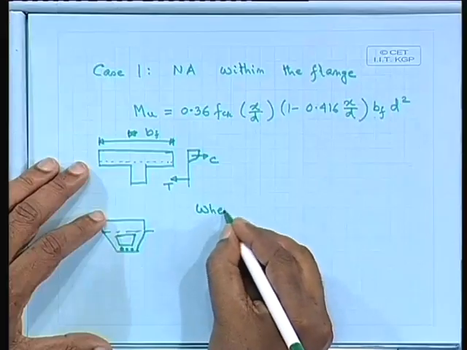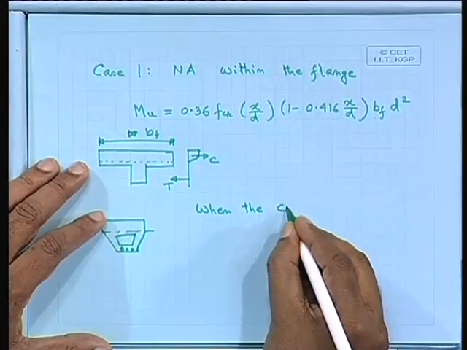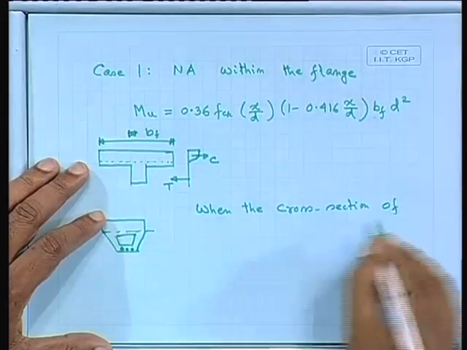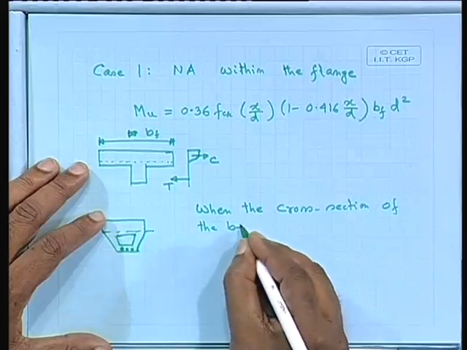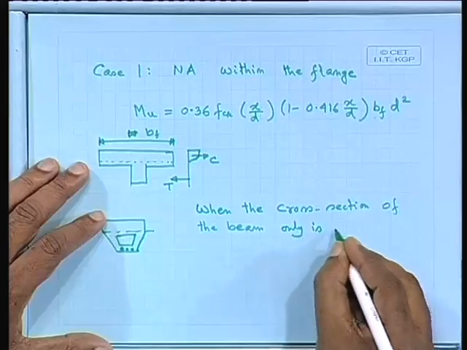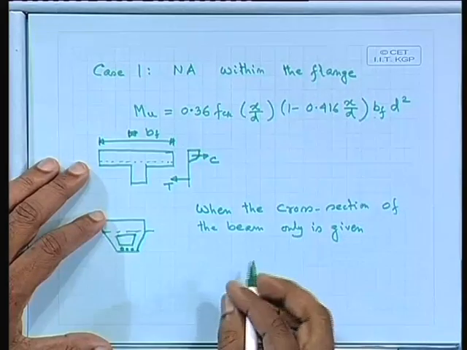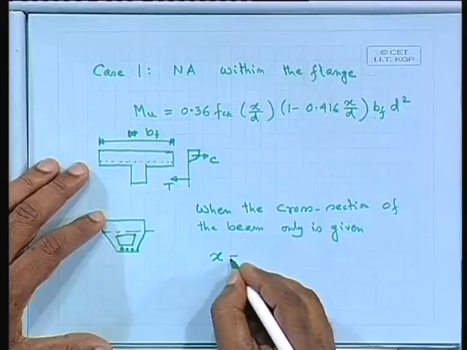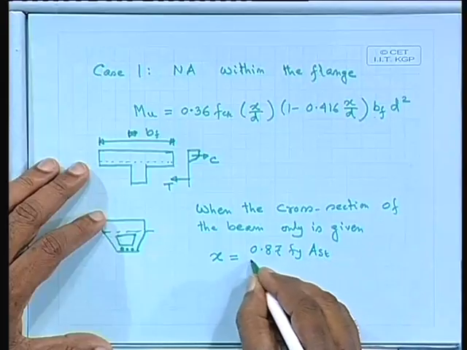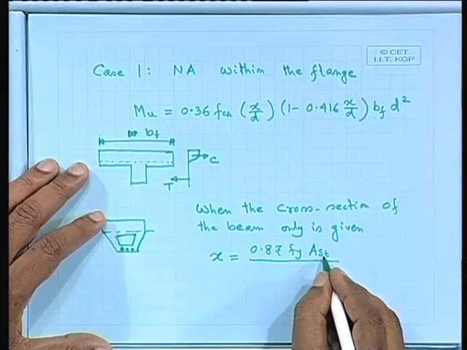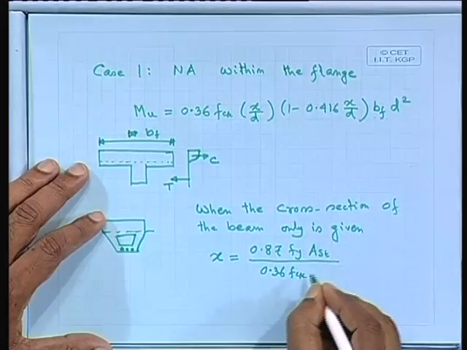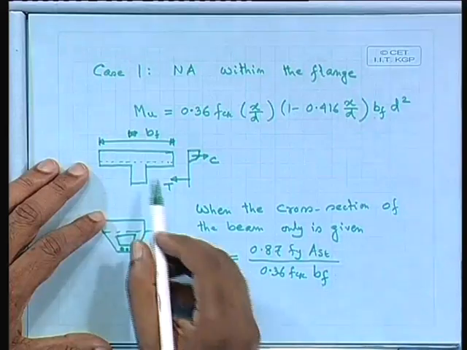When the cross section is given, we can find out from the expression: this is the 0.87 fy Ast, that is the tensile force, divided by 0.36 fck times bf. bf is the width of the flange.